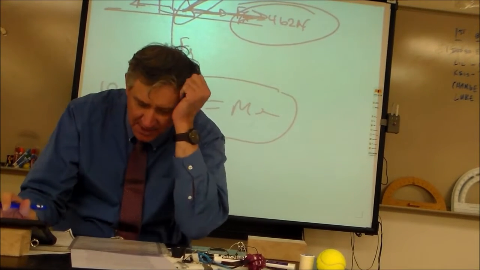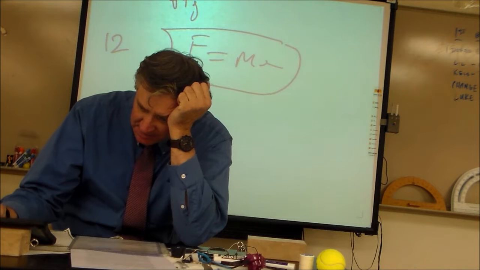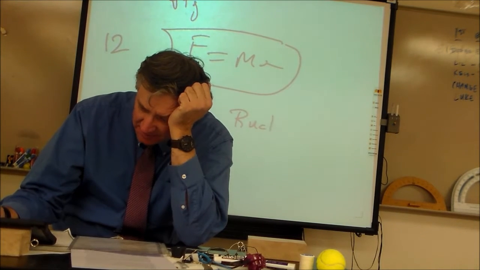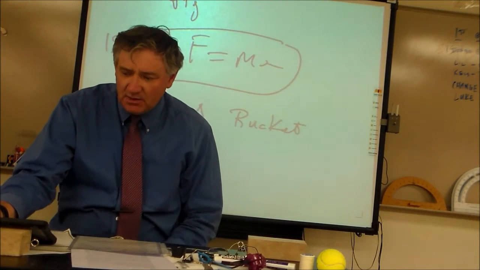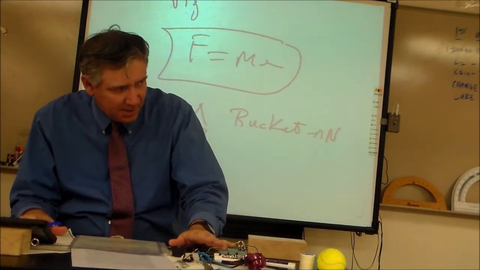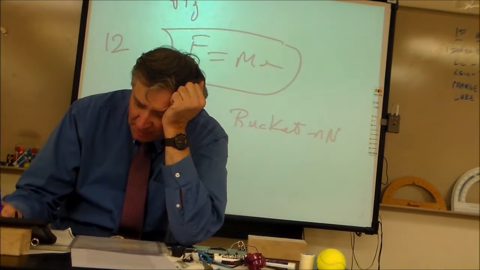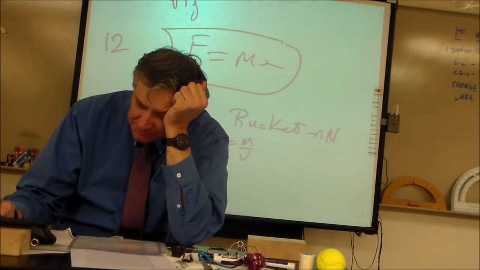So remember on that 8A with the bucket, you have to lift two things. You have to lift the bucket itself, and that's already in newtons. You don't have to do anything with that. I already gave you the weight of the bucket. But you've got the volume of the dirt, and density is mass divided by volume.